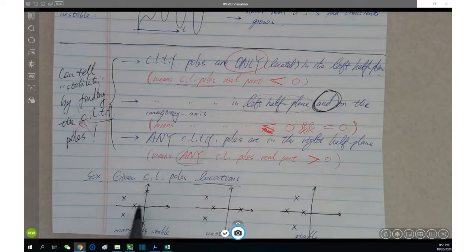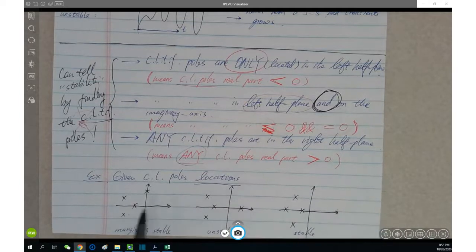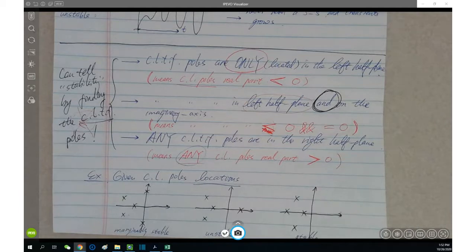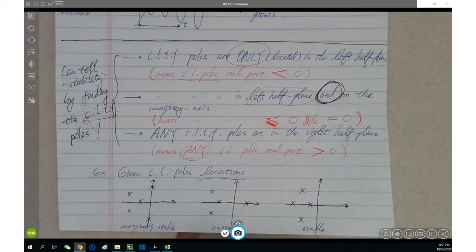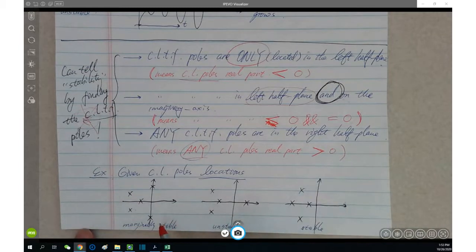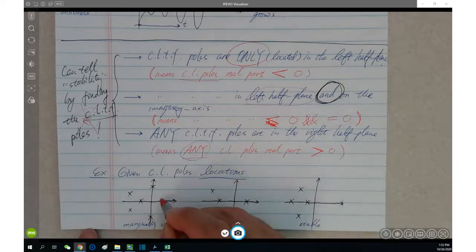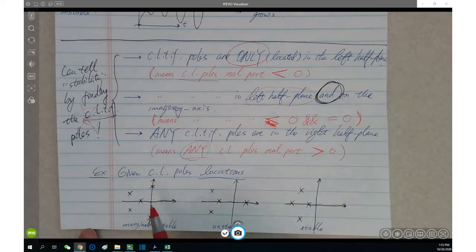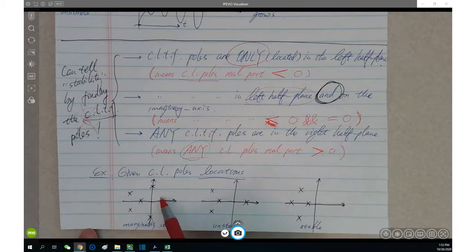And this example, pretty much three examples here, is trying to help you visualize what they look like. All right, let me say a little bit more. So the first, the marginal stable case. If you have a pole here, what is it? Immediately unstable, right?